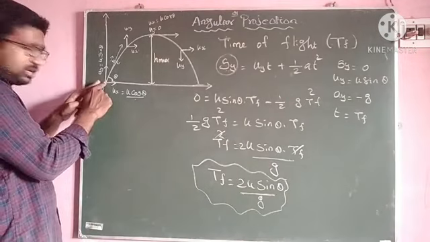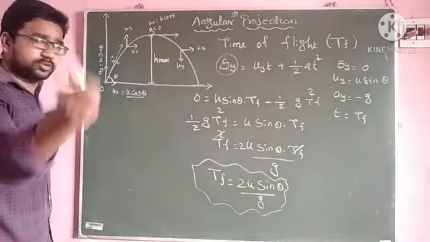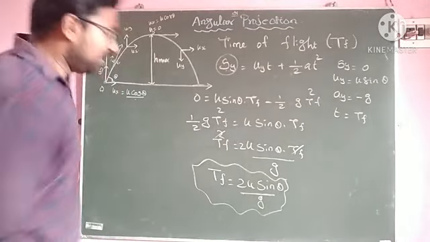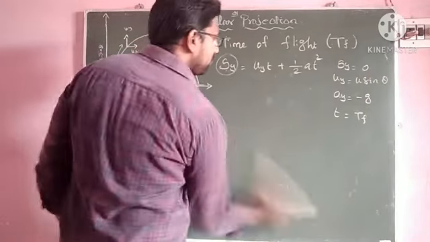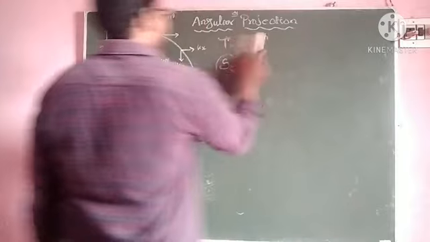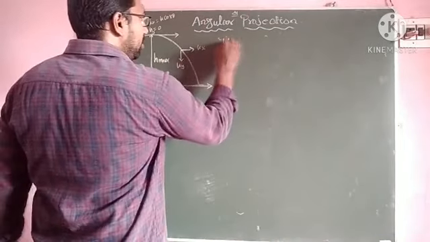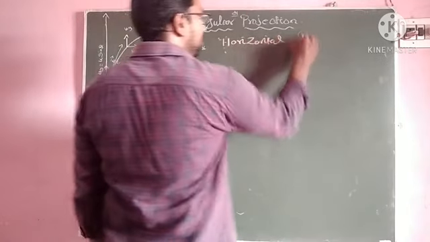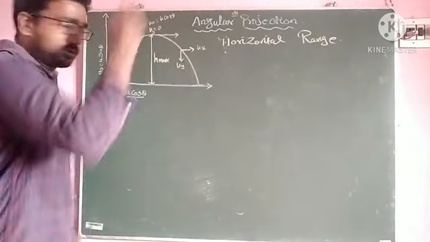How much distance the projectile will cover if you apply the constant velocity? So very easily we can find the horizontal range. Horizontal range. What is the range formula from the previous class?